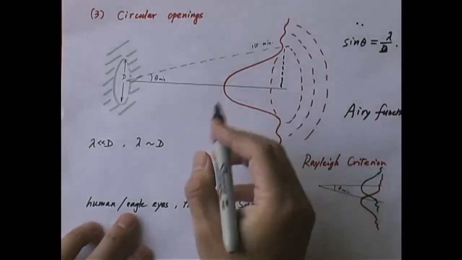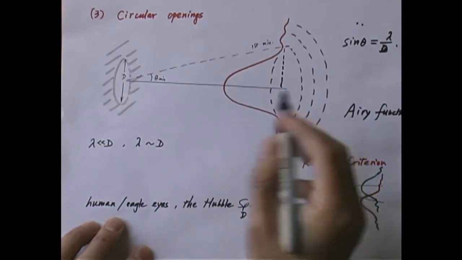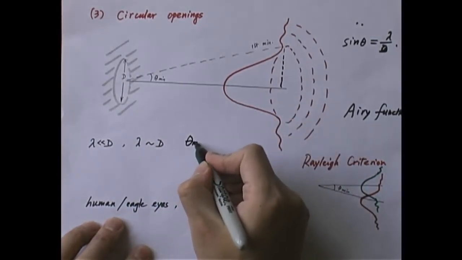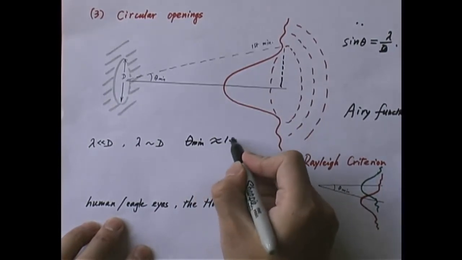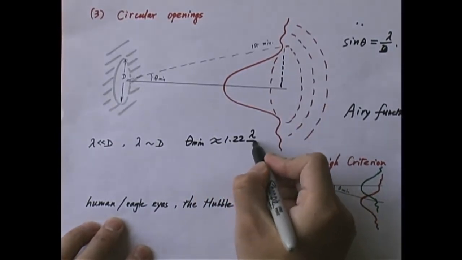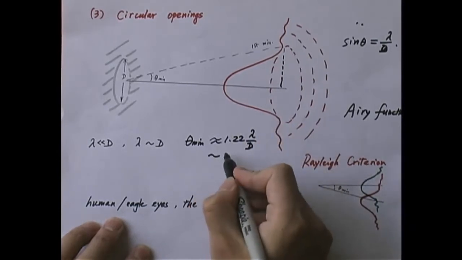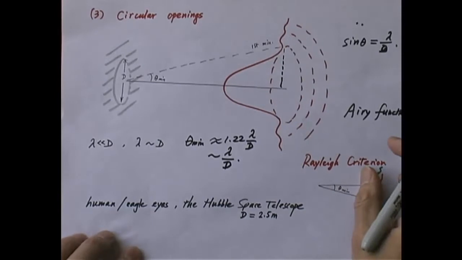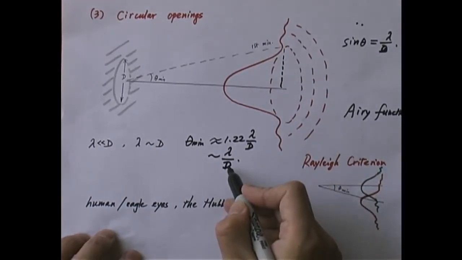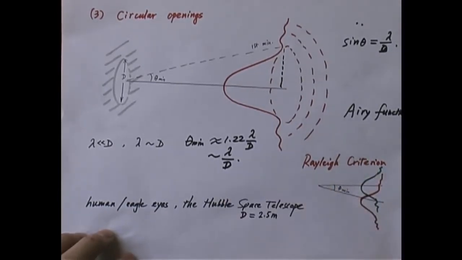So I have roughly theta minimum instead of sine theta minimum is roughly 1.22 lambda over d, and the order of magnitude is just about lambda over d, the same as the case of a single slit, except d now replaces the width a.